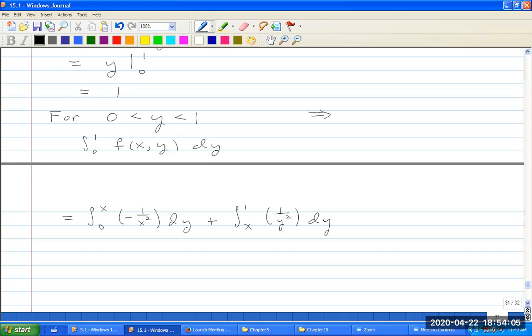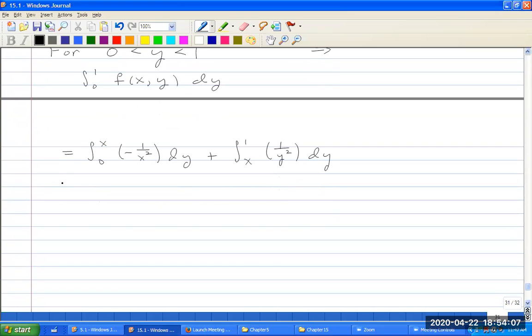Okay, so let's do this. So this is equal to, integrating a constant is just y times the constant between y equals 0 and y equals x. Let's integrate 1 over y squared, so it's y to the negative 2. So it'll be a negative 1 over y between y equals x and y equals 1.